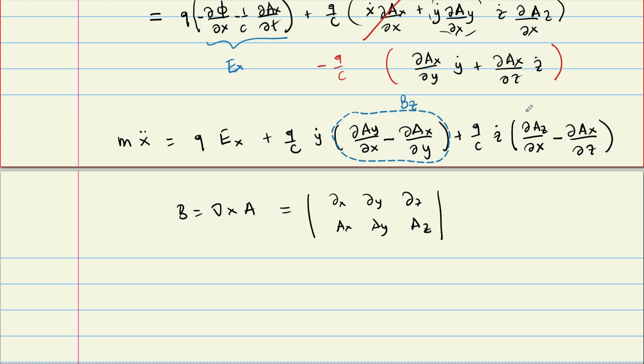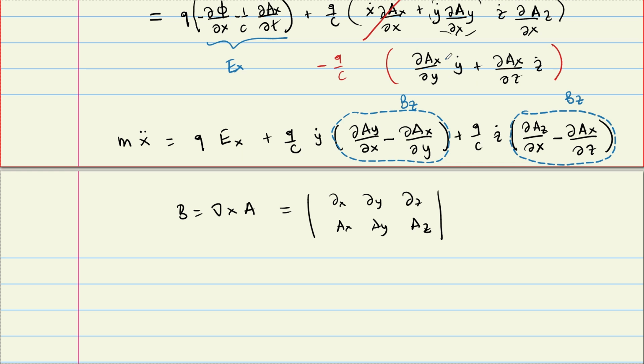And the last one here, I close this row. This is del x A z minus del z A x, and this is B y.